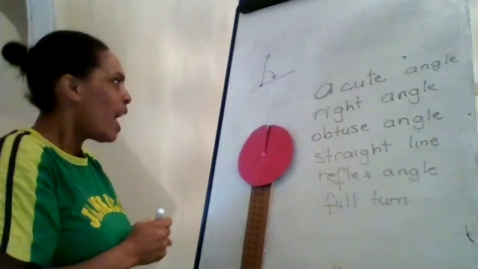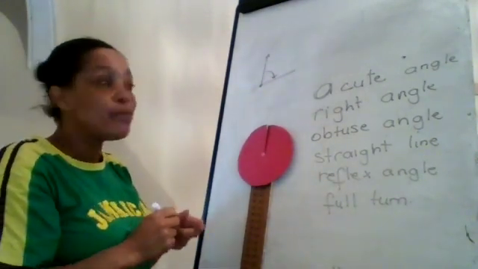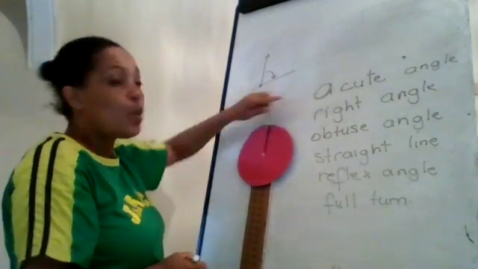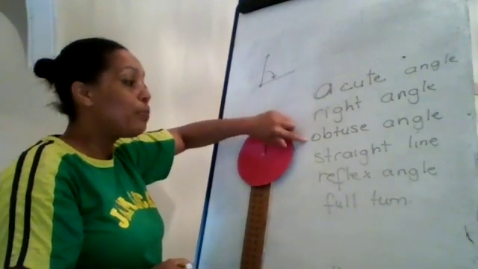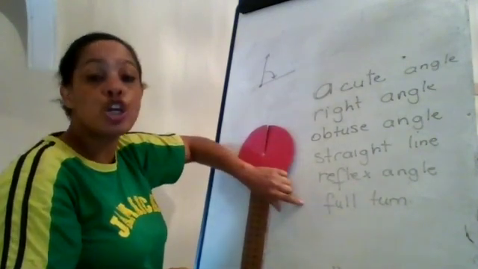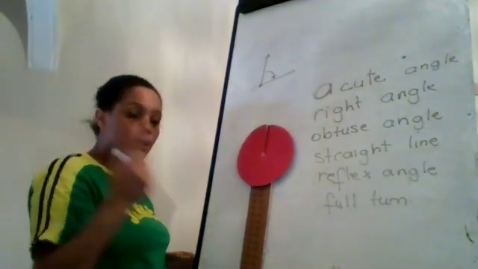Now, as we turn around here, there are different angles that we're going to meet. And those are what we're looking at. We're going to try and identify them. We're going to be meeting acute angles, right angles, obtuse angles, straight line, reflex angles, and then we go around to a full turn. Now, I know you know what a full turn is.